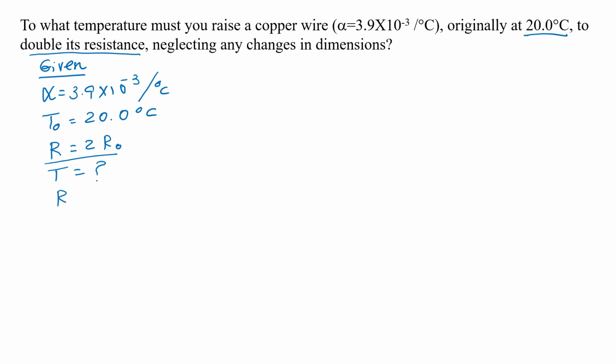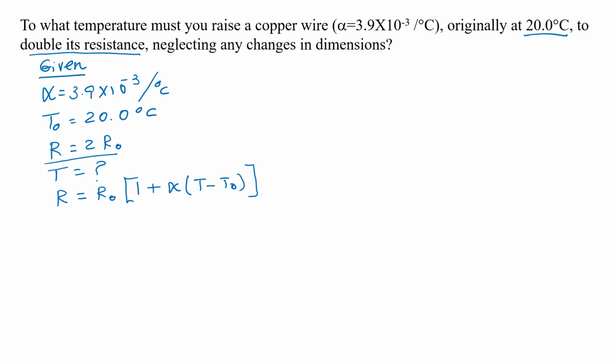And we know that R is equal to R0 into 1 plus the temperature coefficient of resistance alpha into the change in temperature, T, the final temperature, minus the original or initial temperature, T0, where the resistance is R0.